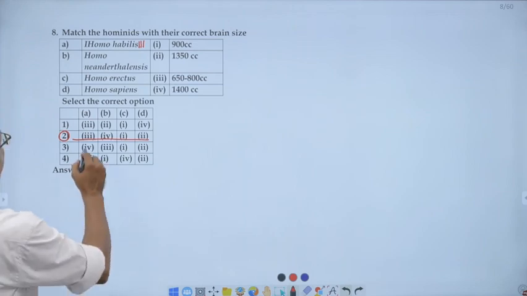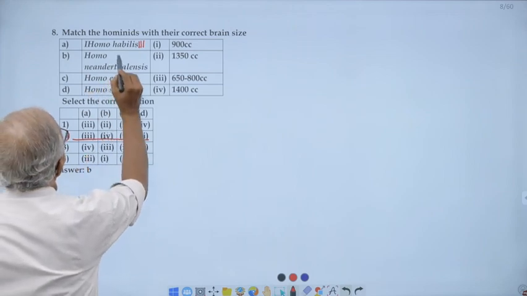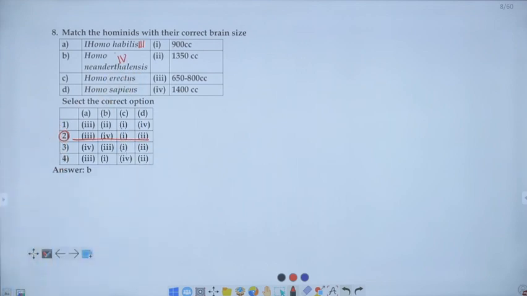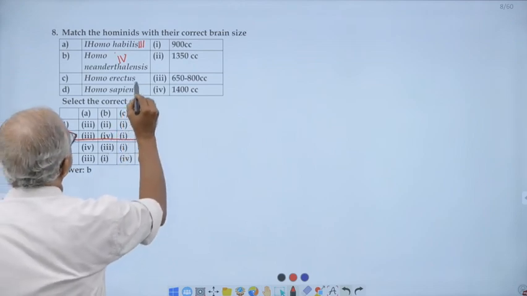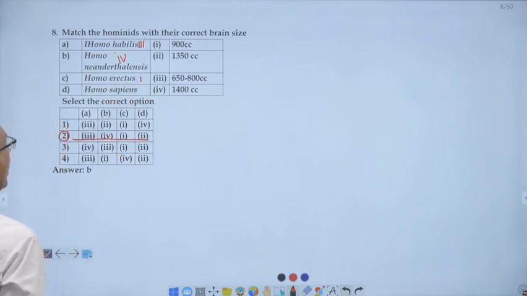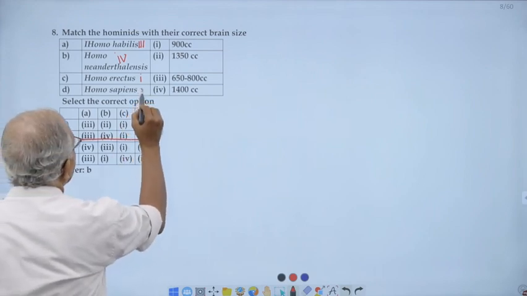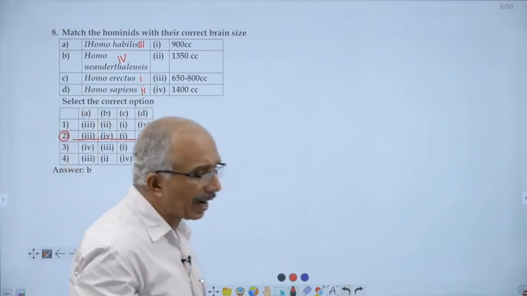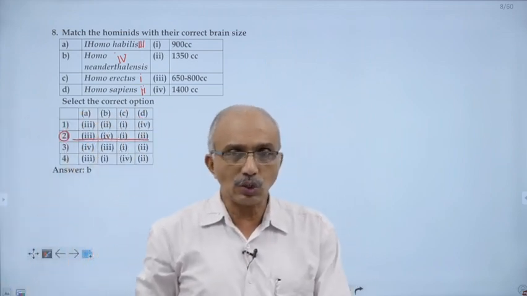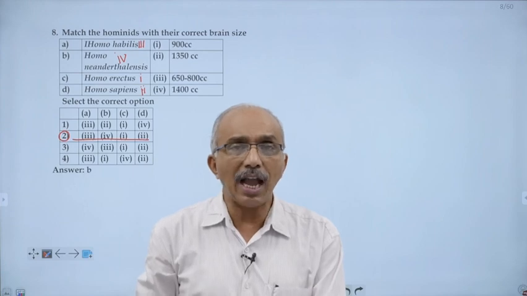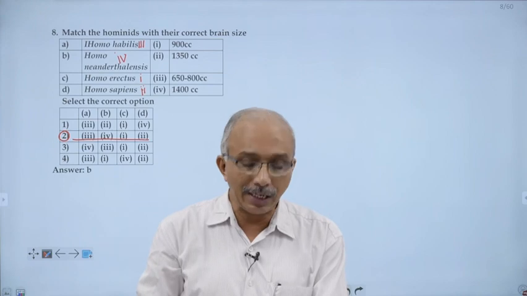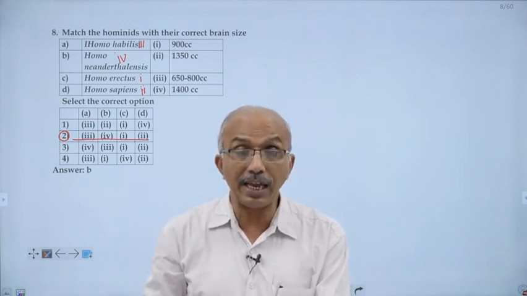Then Homo neanderthalensis has the maximum brain size, a little more than modern man. Homo erectus has 900 cc, and the average brain size of modern man is 1350. So you can see that during the course of evolution, the brain size progressively increased.